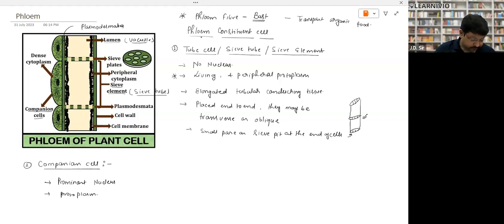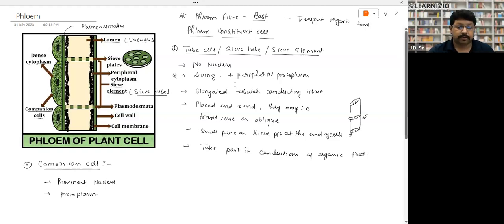Next point. Sieve tubes take part in conduction of organic food, right? Sieve tube clear?